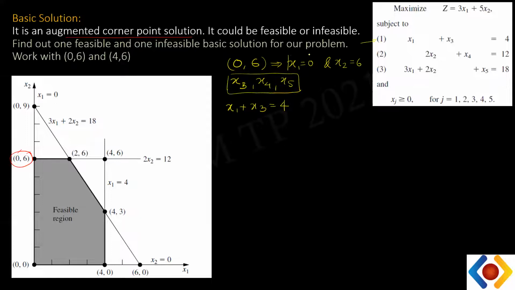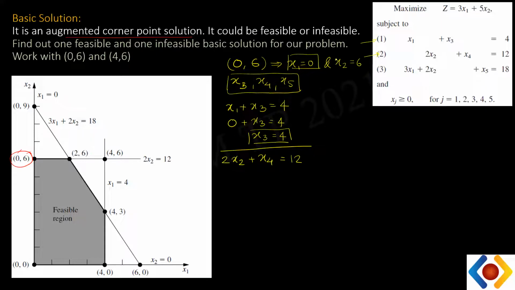We already know that it is 0. If I substitute that here, then can I say x3 is equal to 4? Yes, so I got x3. Fine. Let's use the second equation. What is the second equation? 2 times x2 plus x4 is equal to 12. That's the second equation.